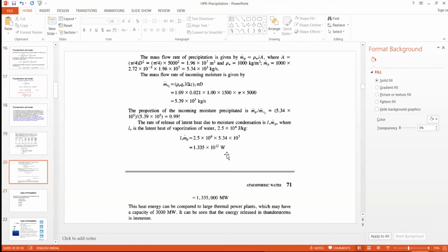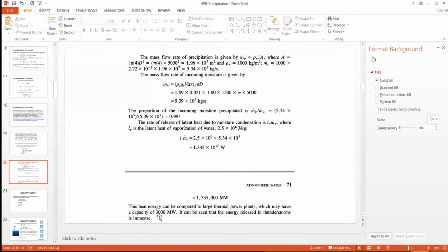So you see that in any thunderstorm, an immense amount of energy is released. If you look at thermal power plants, they are of 3 megawatts or 5 megawatts, sometimes 1 megawatt. 1 megawatt is equal to 10 power 6 watts.